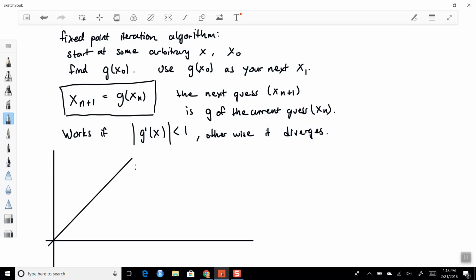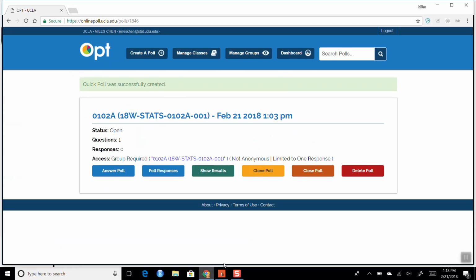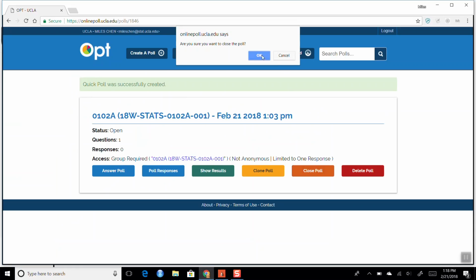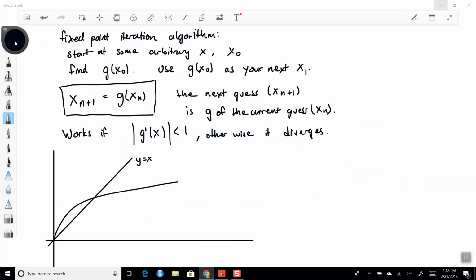So this line represents the line y equal to x, okay? And let's say we've got some function that goes like this, okay? Sorry. Oh, here, let me close our poll. Okay, so we'll start at some value x sub 0, okay?